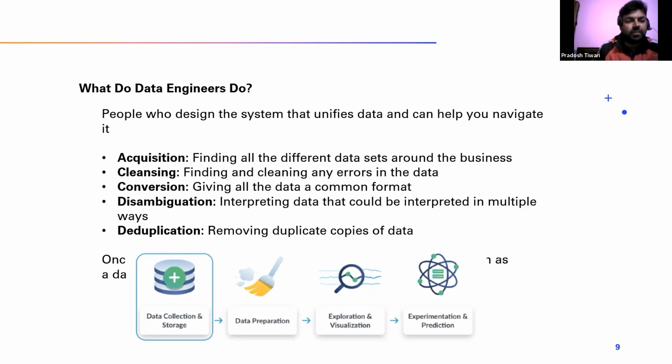Deduplication comes in because we get a lot of data, and there could be a case where the data is duplicate or has the same information in some way or other.